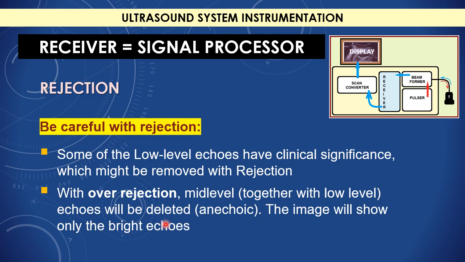I will not be able to see anything. The whole picture will be made mainly of the hyperechoic structures. That's it. Others will be converted to black. So again, be careful with rejection in this situation. Rejection is a good, helpful tool, but be careful about it. You might convert tissues into anechoic, which will be of bad significance to the diagnosis.